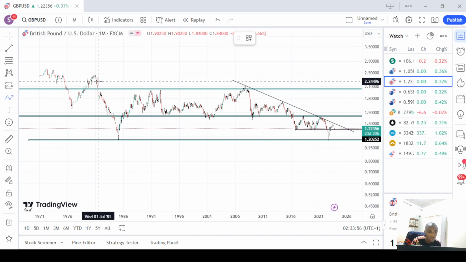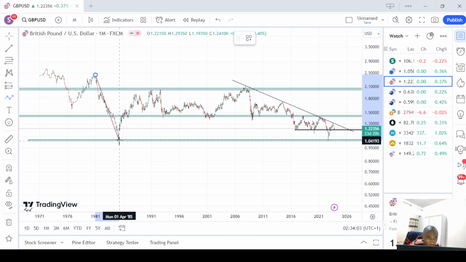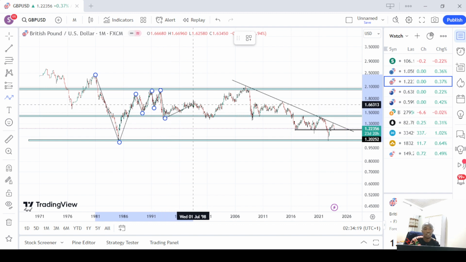For this, I would like to start from here. It gave a major sell, came back, sell, back up, then it sell, then this might be a pattern, a W pattern, then back.